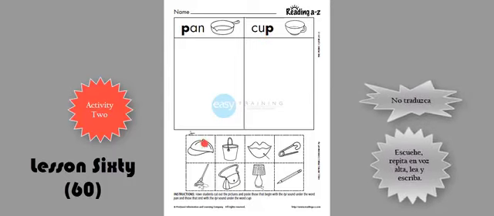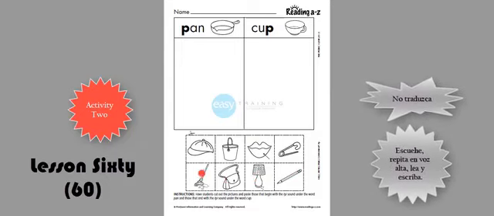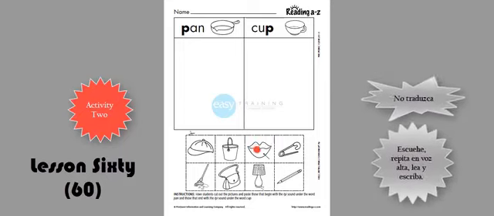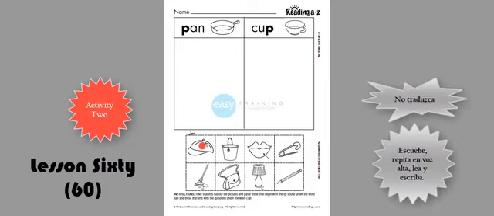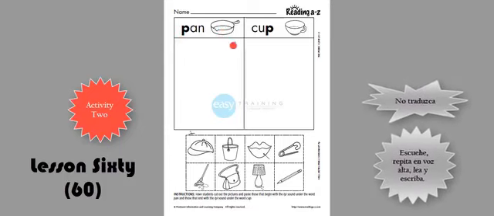Here are some pictures. We're going to say the names of the objects in the picture. And according to the names, we're going to drag these pictures either under this heading or under this other heading.